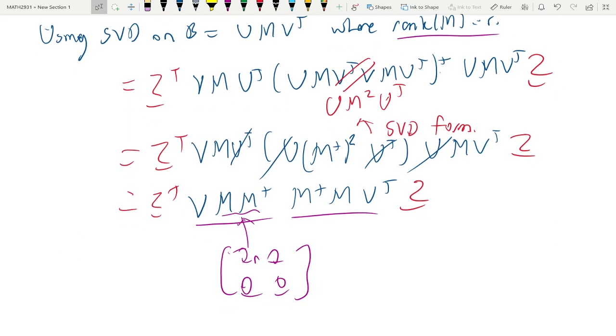When we multiply them, they're the only things that give you a non-zero answer. And since this is a pseudo inverse, it's just a reciprocal, so you multiply terms and it's all equal to 1. Same thing over here.